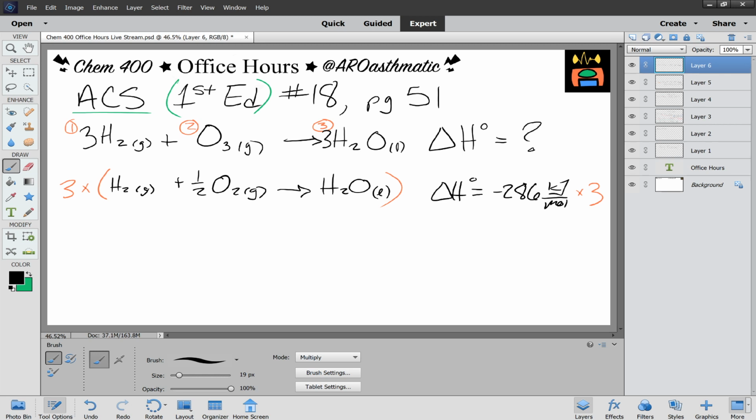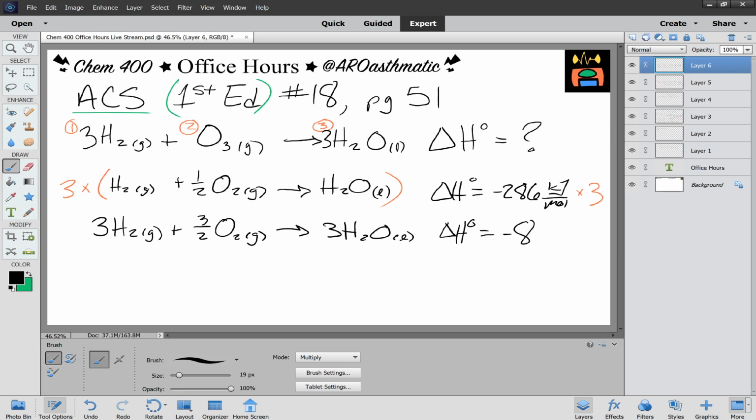All right, so this gives us 3H2 plus 3/2 O2 produces 3 moles of H2O. And the delta H for this reaction is negative 286 times 3.